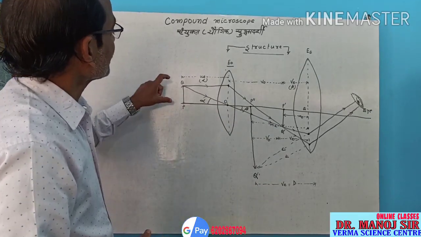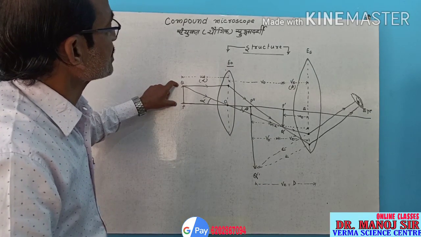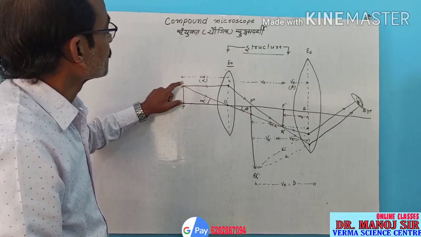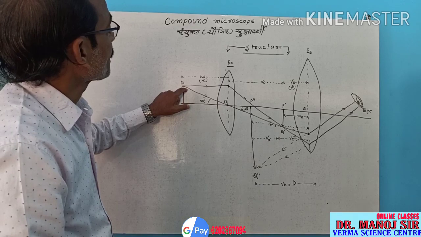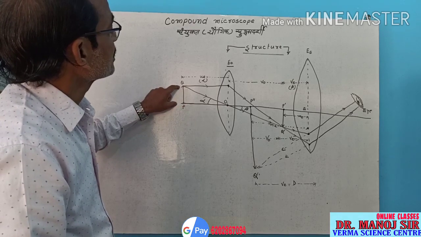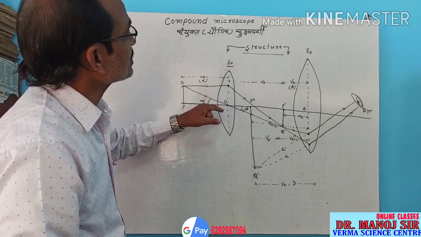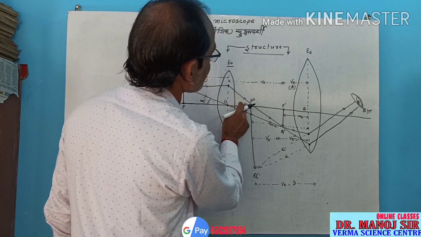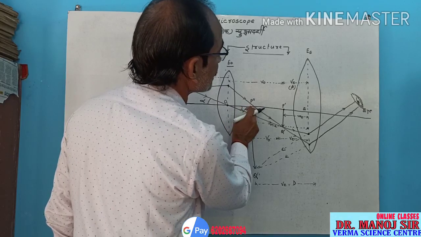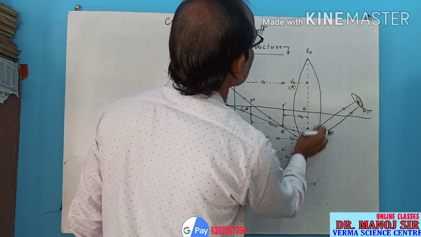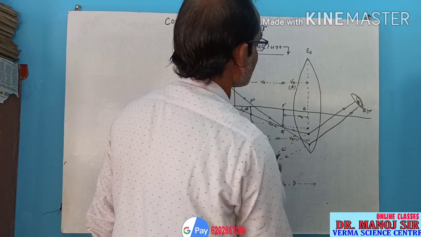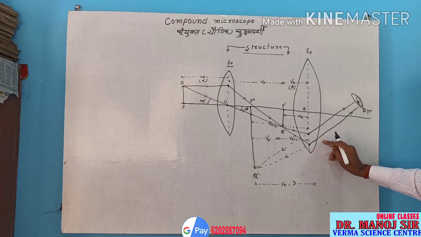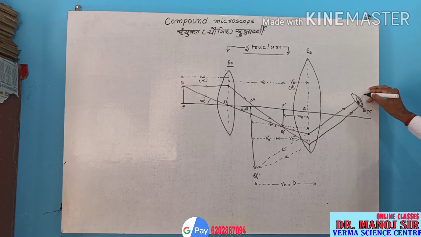An object PQ is placed in front of objective piece. One of the ray from the vertex incident on the eyepiece and converge to cut PA and fall on the eyepiece, that converge to the observer on eye.